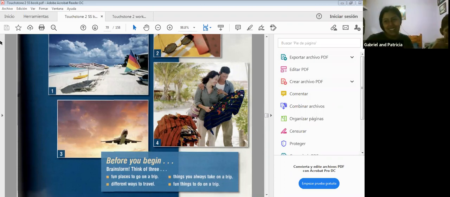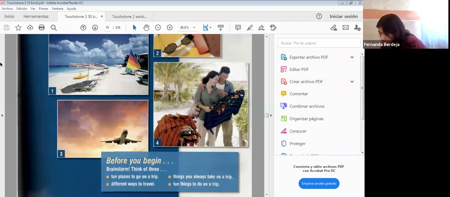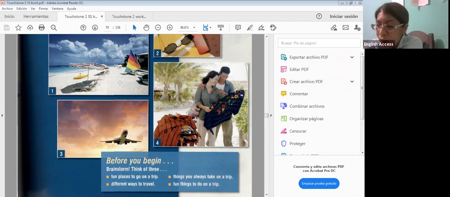Car, bus, and airport. Okay, guys. Think of 3 things you always take on a trip. Fernanda? Cell phone, passport, and equipment. Okay. Diana?